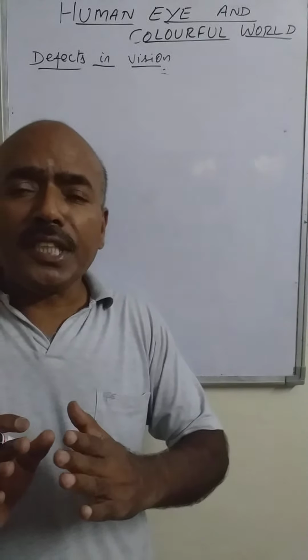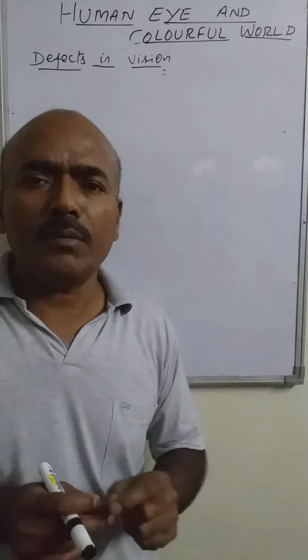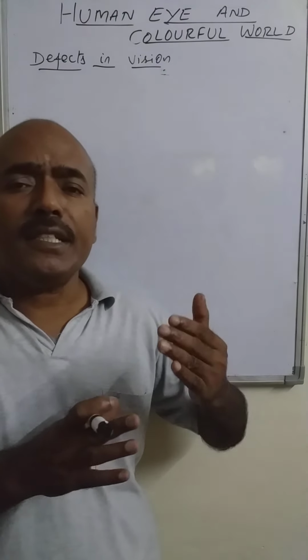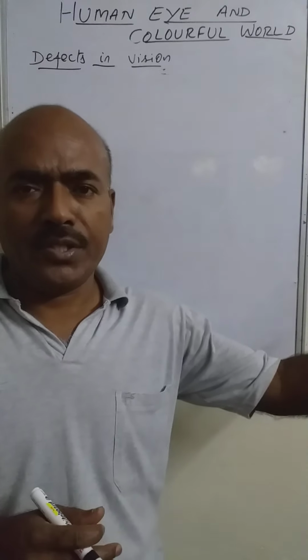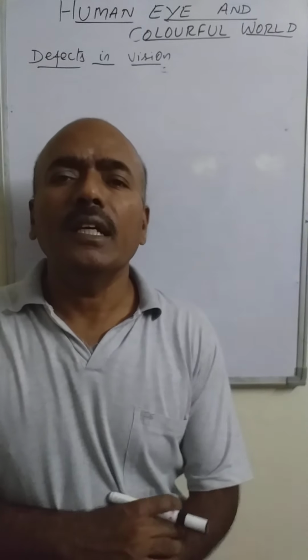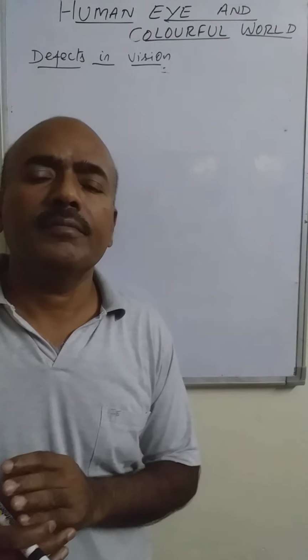It is able to change its focal length instantly. At any particular instant, it can see the nearest object and also the longest. That much perfectness is given to this lens naturally.